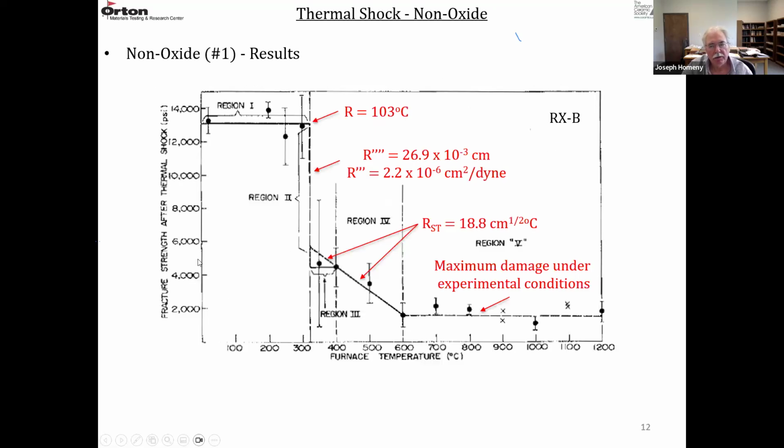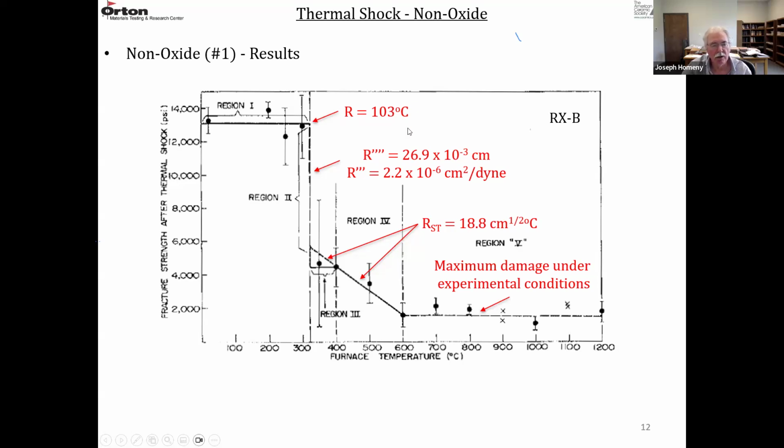So they calculated these different R parameters, and I put them on this graph here. So again, flexural strength after thermal shock versus furnace temperature. And this is RXB. So R was calculated at 103 degrees C. And you can see this delta T was a little more than 300 degrees C, maybe 320. So R was calculated quite a bit lower, about 100 degrees, whereas the critical delta T in this case was about 300.